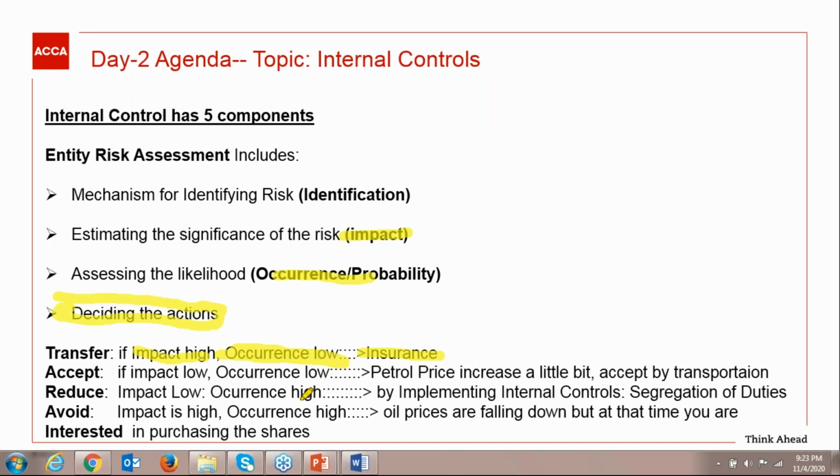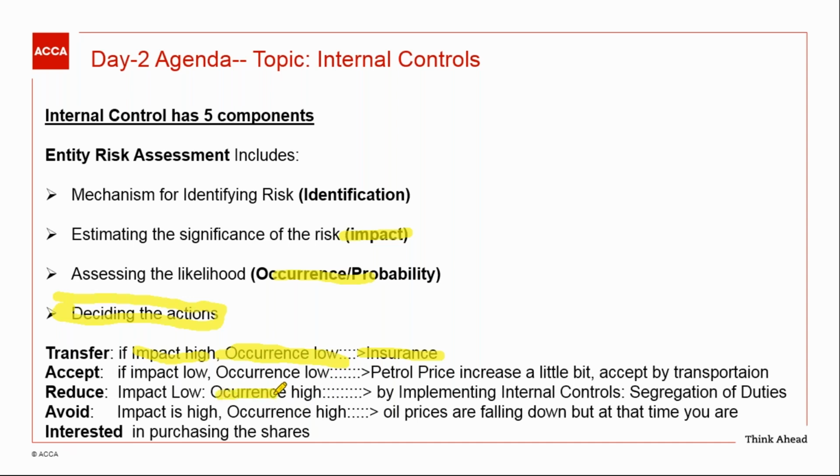But the frequency of making the fake purchases is high, meaning the occurrence is high. It is done on a regular basis, maybe after 5 to 10 days, but the impact is low because the fake amount will be very low. It is also mentioned in the forensic auditing concept.